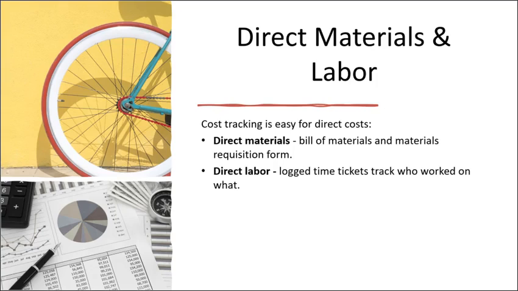Next, direct labor. Every employee fills out a time ticket, noting exactly how long they worked on job 1, job 2, and so on. That labor cost is also directly traced. Well, so far so good. But now we come to the tricky part, allocating overhead to each job.